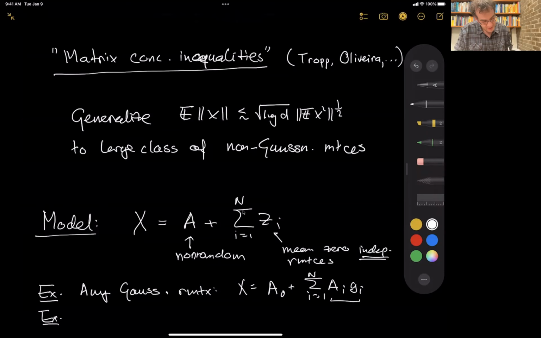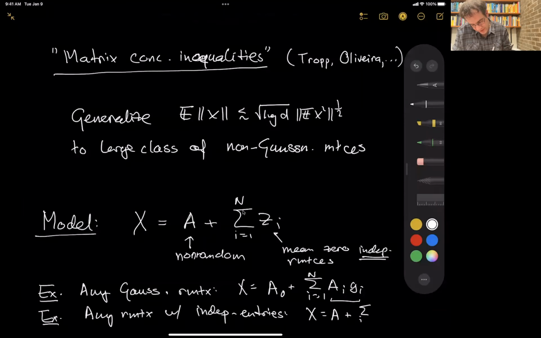On the other hand, any random matrix with independent entries is also of this form. I can write X as the mean plus the sum over i and j of the ij entry of the matrix times the matrix which has a 1 in the ij coordinate and 0 everywhere else.